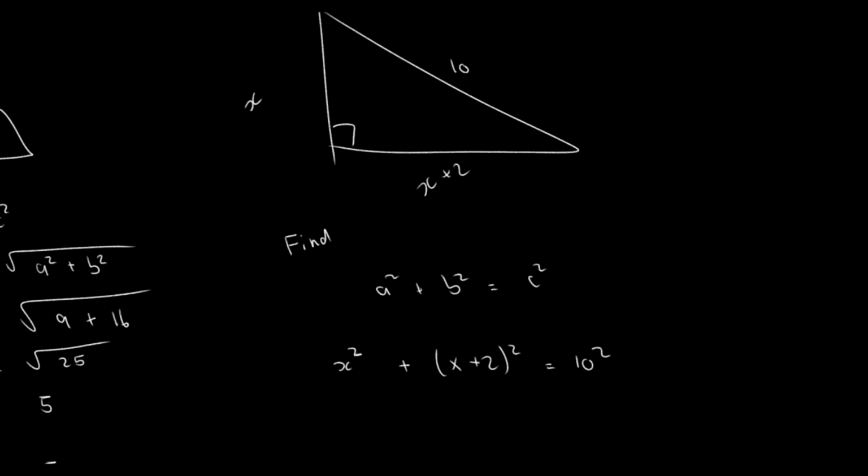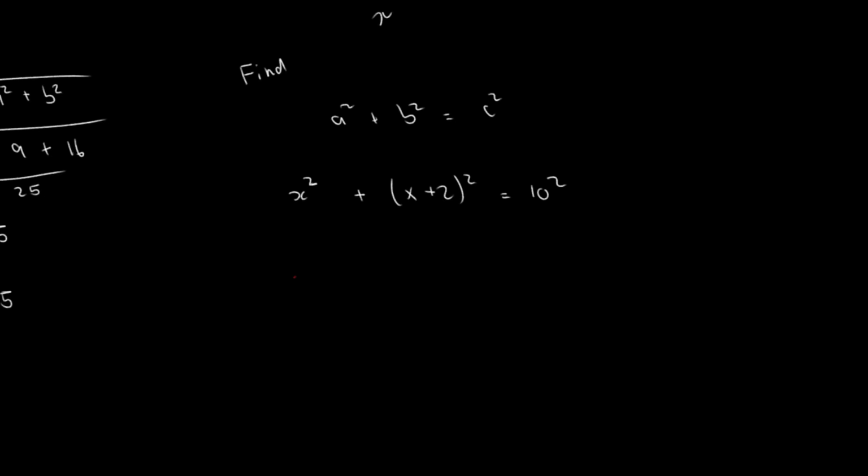Now I can solve. Let's substitute. X squared, in this case, plus, I'm going to expand this. It's going to be x squared plus 4x plus 4 is equal to 100. I can transfer this 100 to the opposite side, from right to left.